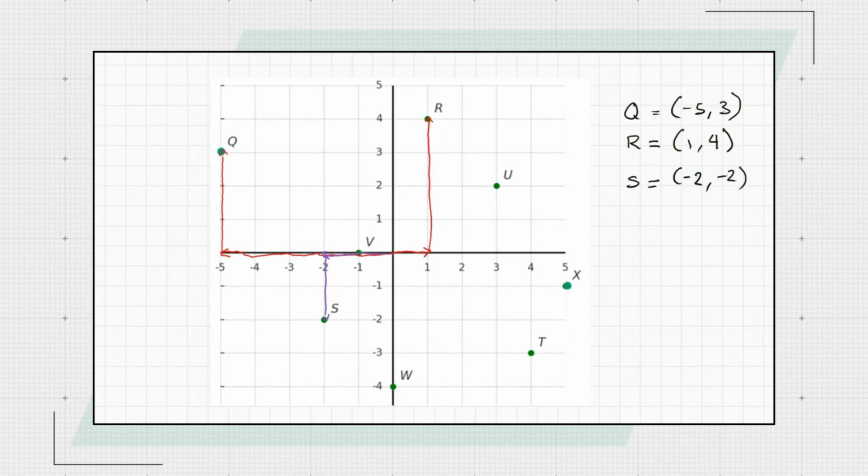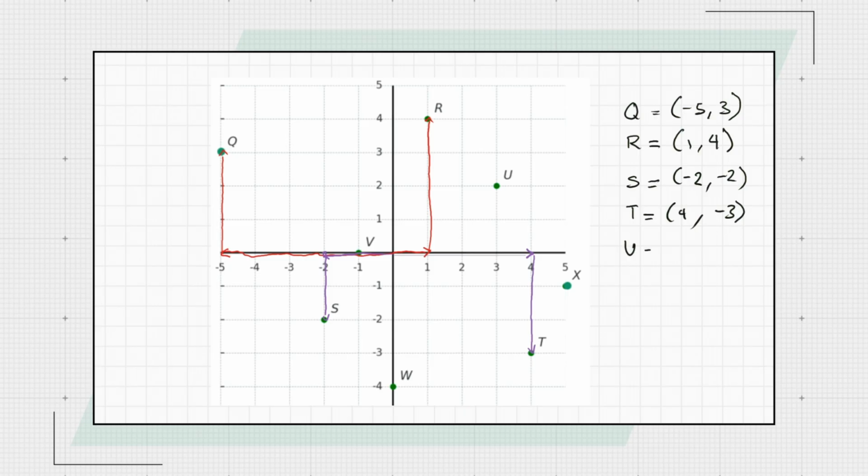Alright, for T, we have 1, 2, 3, 4. So our x-coordinate for this one is 4. And our y-coordinate is 1, 2, and 3, so -3.